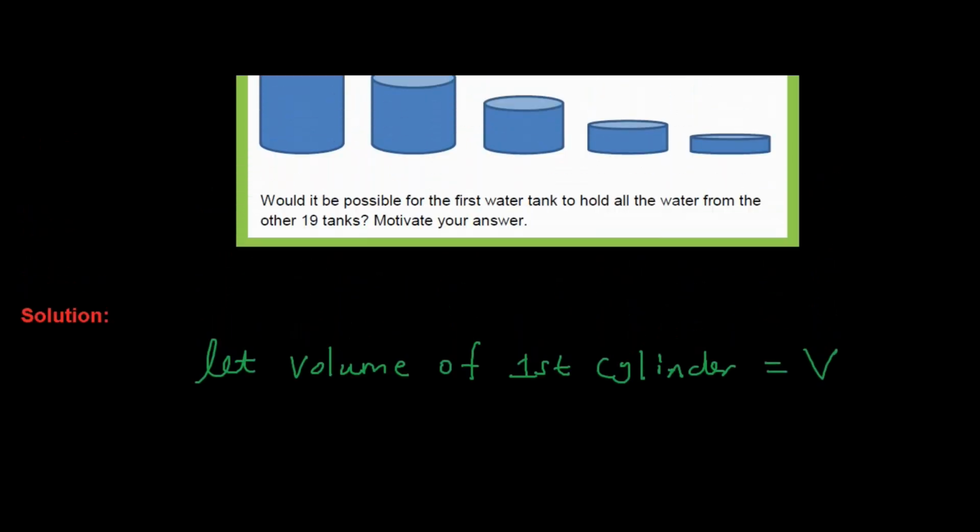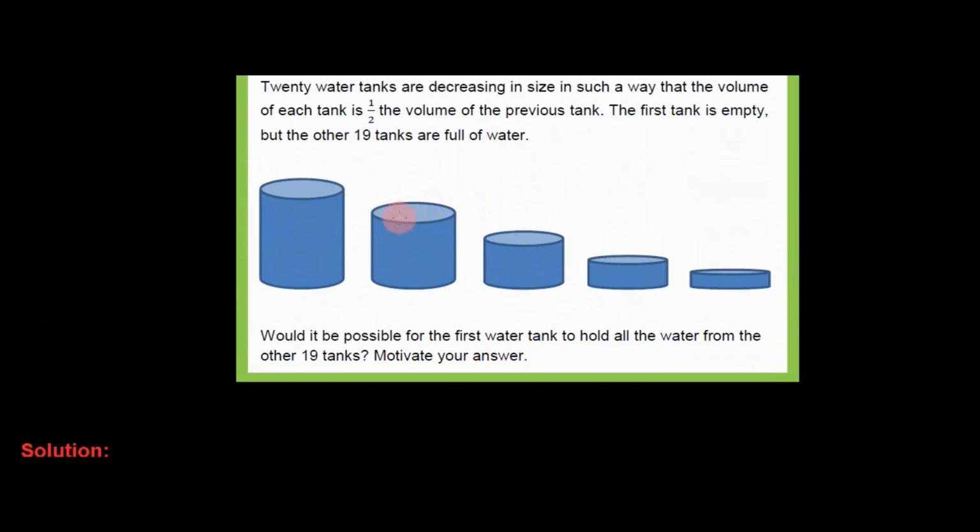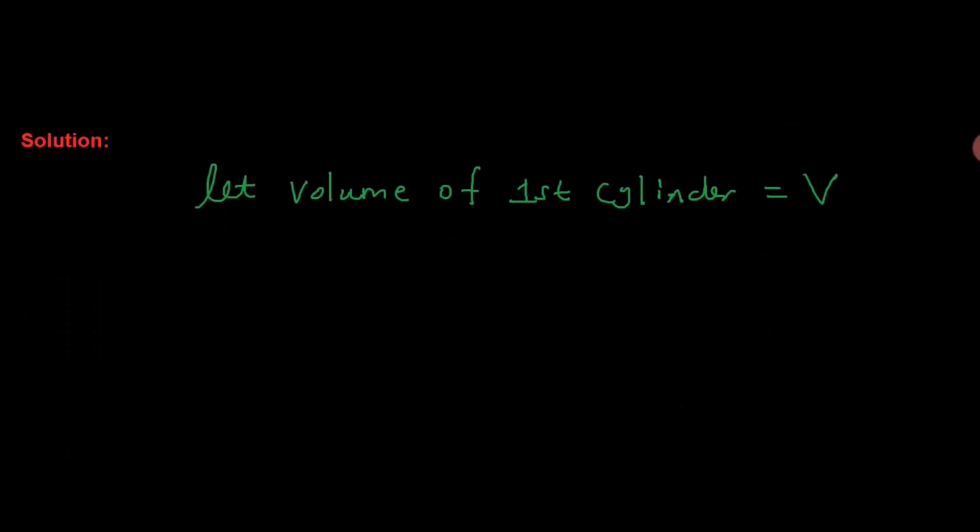So let the volume of the first cylinder be equal to V. Then the volume of the second cylinder will be a half V, and the third cylinder will be a half of a half V, etc. So we basically have a geometric progression.